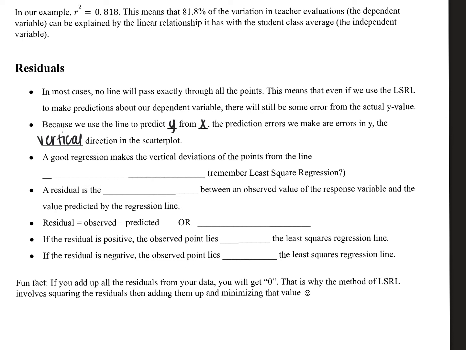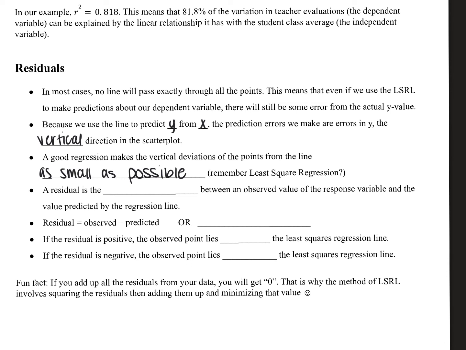So a good regression makes the vertical deviations of the points from the line as small as possible. So that method of least squares regression that I talked about, you want those distances from the point to the line vertically to be very small. That way you have the best line.